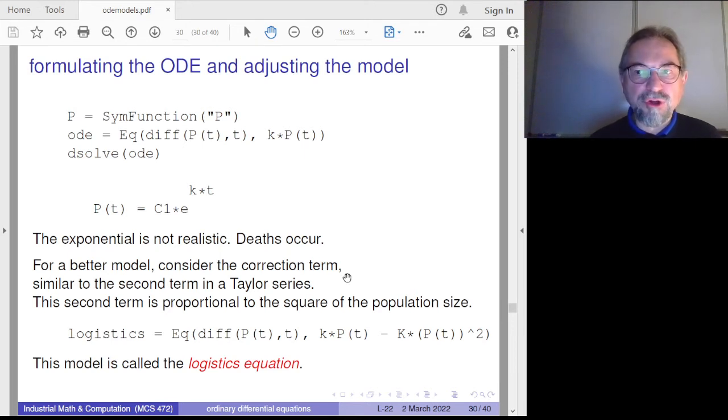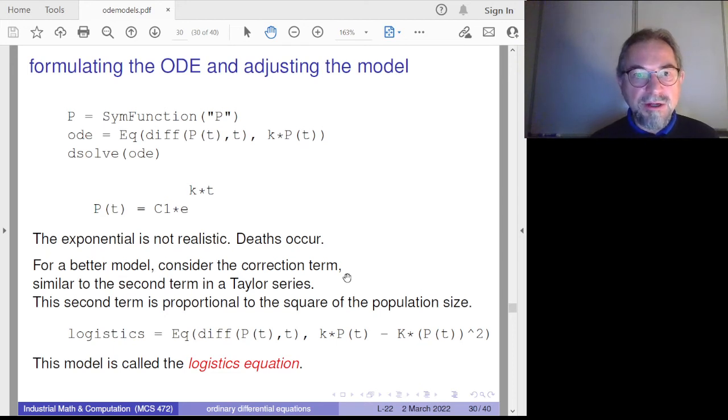So the deaths are the correction term. And we will assume that they are like in a Taylor series. So we have some function, and the function at the right, the function that we are modeling, is an unknown function, but it is proportional to the population size, and it's a function of the population size.